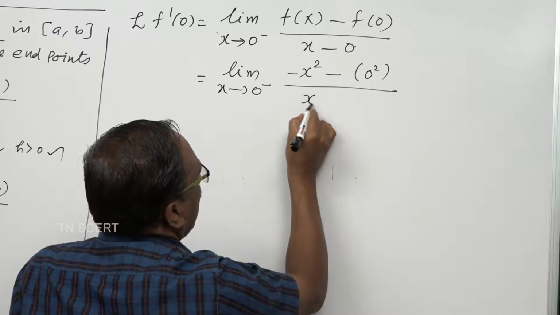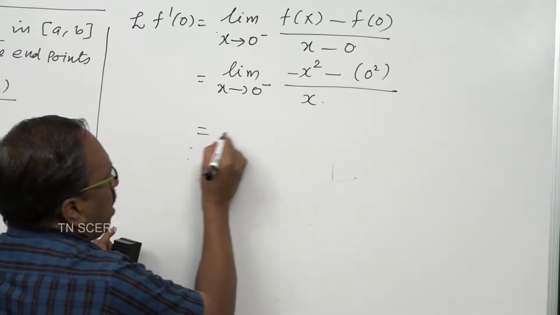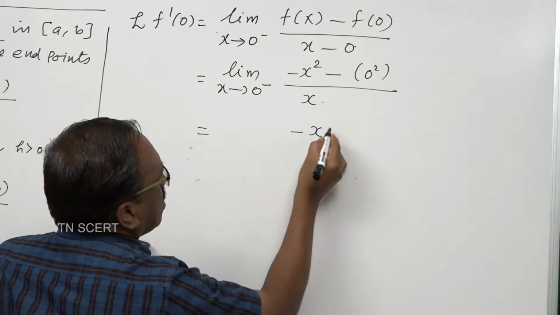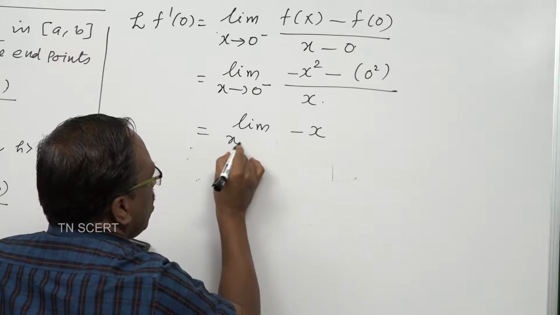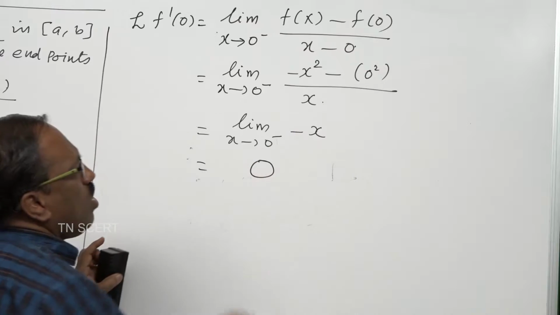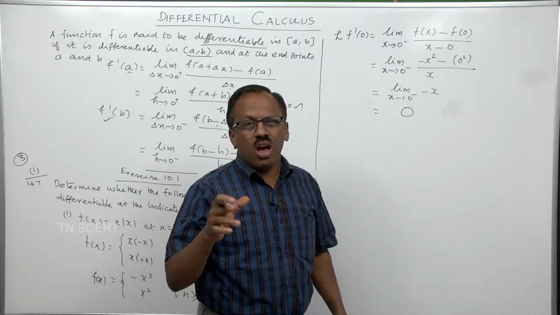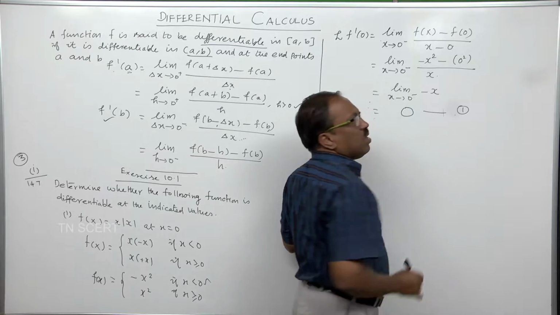If I cancel it, what happens? It is minus x. So limit x tends to 0 minus of minus x, and 0 does not have plus or minus, so the result is 0. This is result number 1.